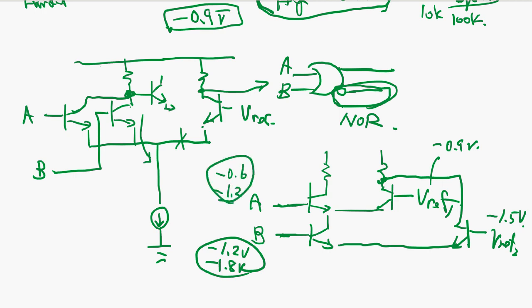Okay, so current flows this side only if both A and B are high. So this is an AND gate, and you also have the opposite, NAND. So with ECL, you always get both output polarities.